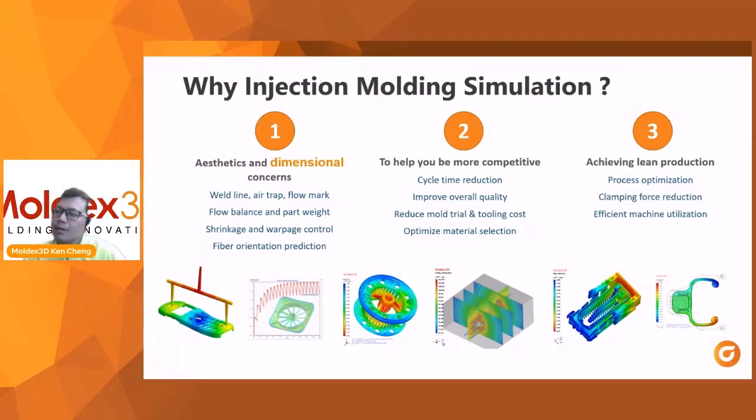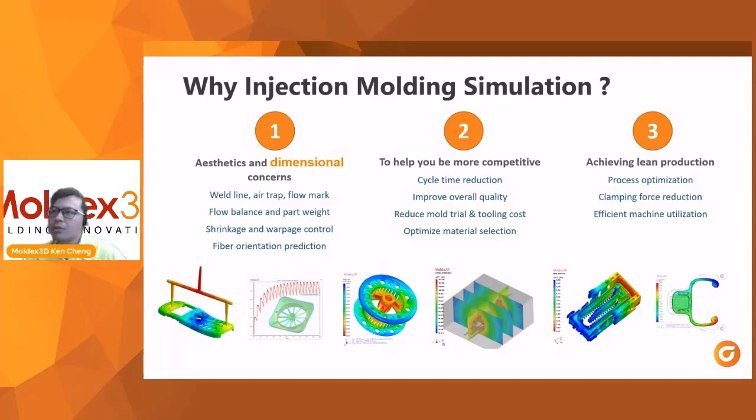You are able to understand how the material is going to shrink and warp, and also the fiber orientation. And for the molders, you are also able to understand where the hot spot is, so you could reduce your cycle time, because cycle time is also very critical for the molders.